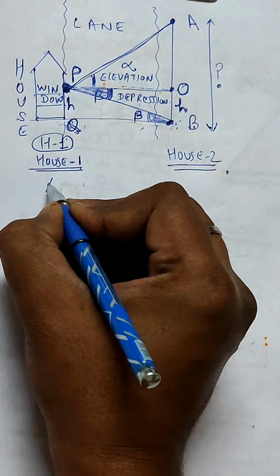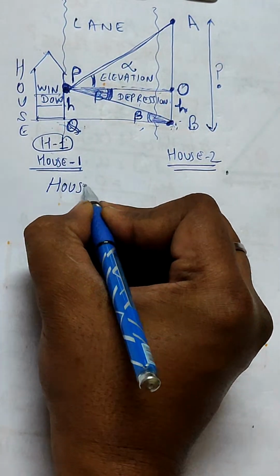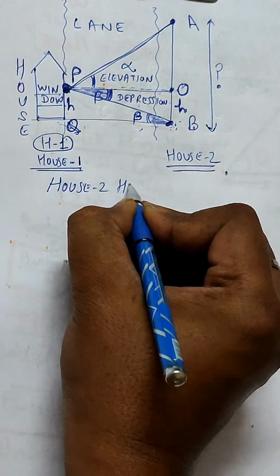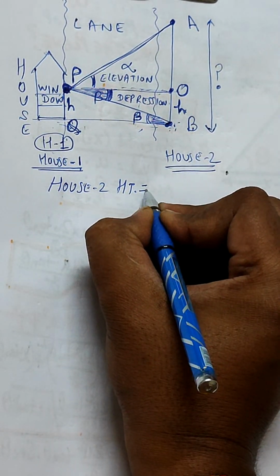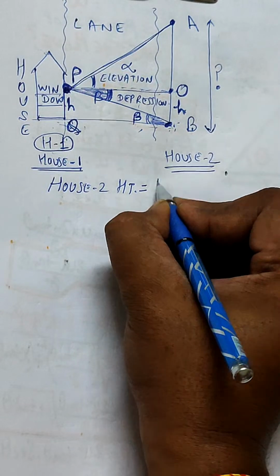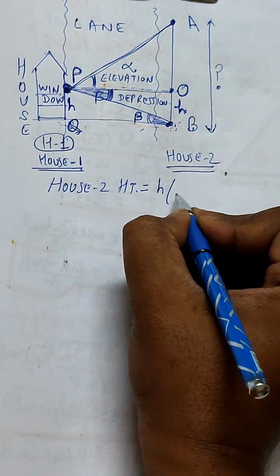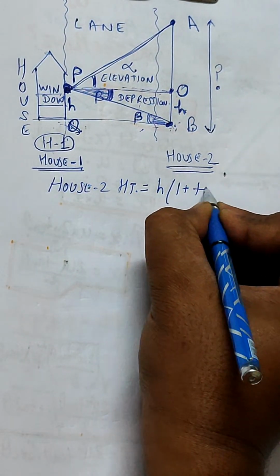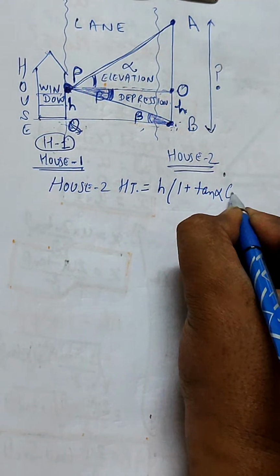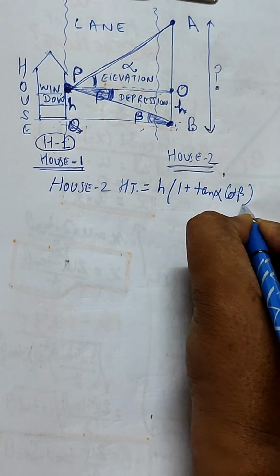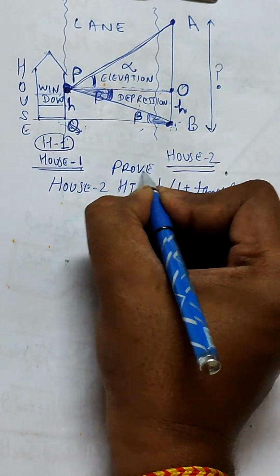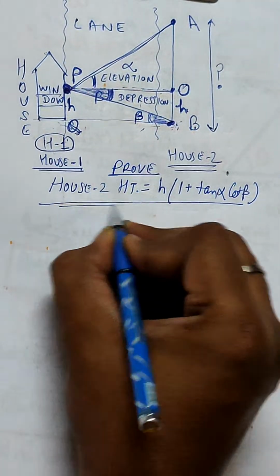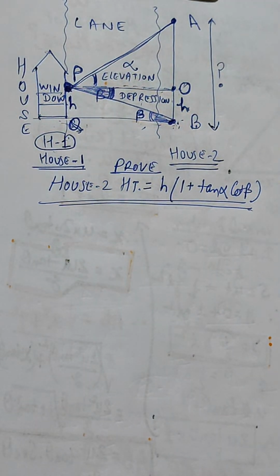We need to find the height of house 2 as h times 1 plus tan alpha cot beta, that we need to prove.